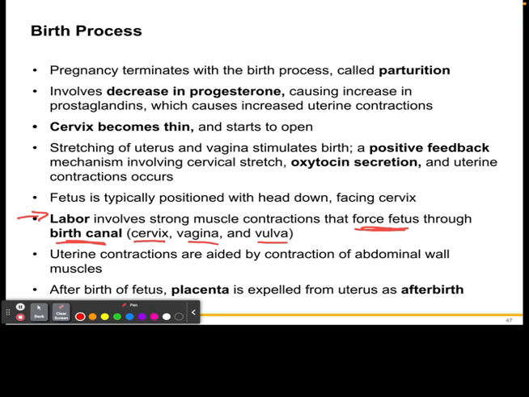So labor is the pushing of the fetus out. Uterine contractions are also aided by contractions of the abdominal wall. So your abdominal muscles are also going to be used in pushing the baby. And after birth, the placenta is going to be expelled from the uterus, and that is known as the afterbirth. So after the fetus comes out, the placenta will follow.